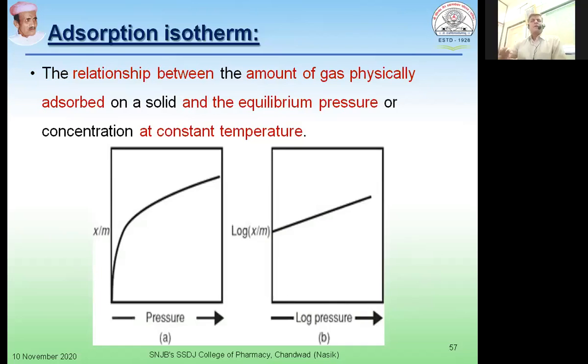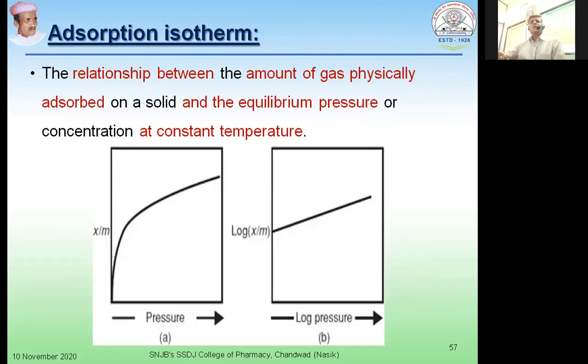We know that temperature affects the adsorption, and as we are talking about physical adsorption, desorption takes place with increasing temperature. So if we want to understand the relationship between the amount of the gas that is getting adsorbed and its equilibrium pressure, then we will have to work at constant temperature, and that's why this relationship is known as adsorption isotherm.